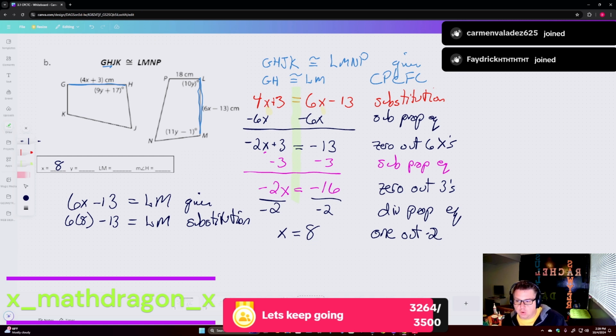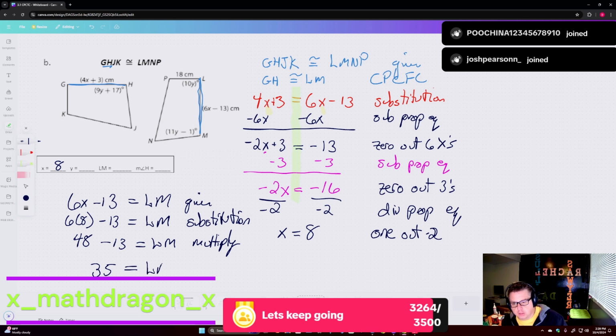All right, so this is going to be 48 minus 13 equals LM, so multiply, and then subtract, so that would be 35 by doing the subtraction, or simplify, but we could put subtraction in here as well. So LM equals 35.